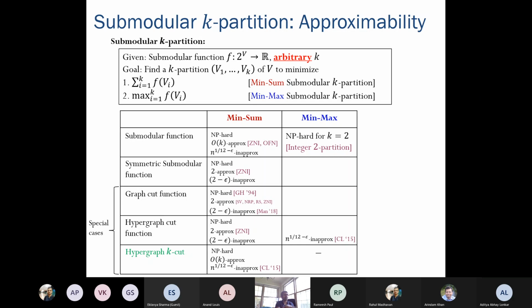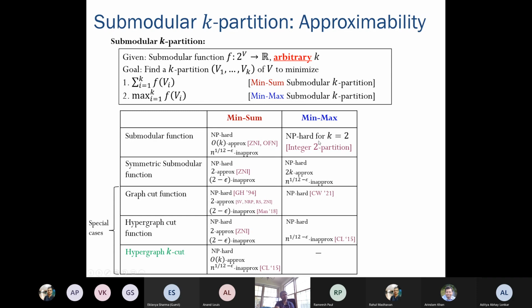For min-max, it turns out the reduction by Chekuri and Li in fact shows hardness of min-max hypergraph k partition. So this is also n to the 1 over 12 minus epsilon inapproximable, which also implies that min-max symmetric submodular k partition has the same inapproximability. And last year we managed to show that min-max graph k partition for arbitrary k is also NP hard, which also implies the other two problems are NP hard.